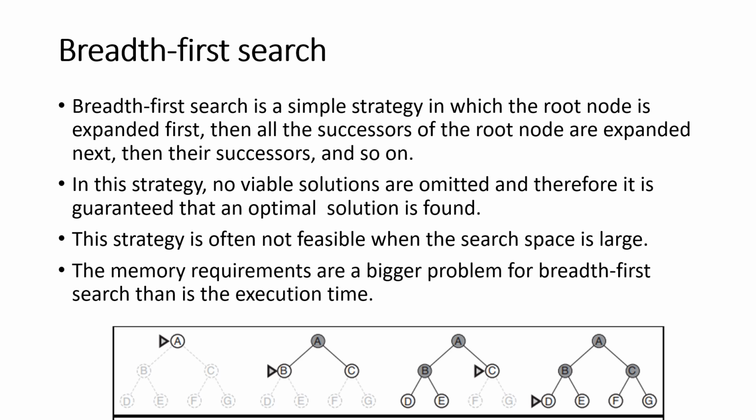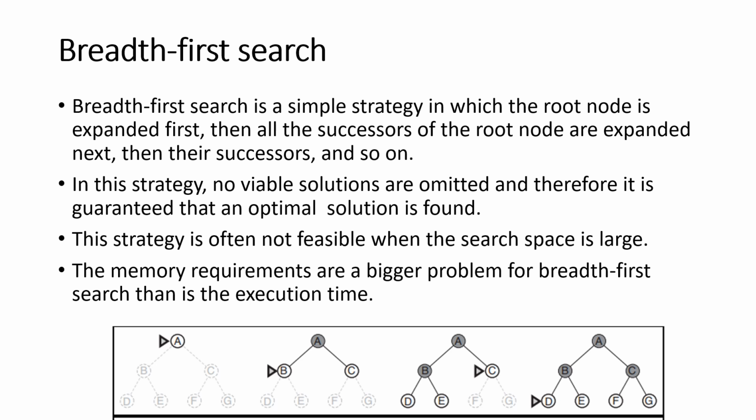In the case of breadth first search, it's a simple strategy in which the root node is expanded first, then all the successors of the root node are expanded next, and then their successors, and so on. Root node means the initial node, then all children, then their children, and so on.